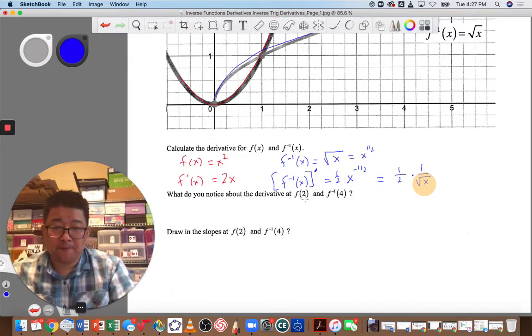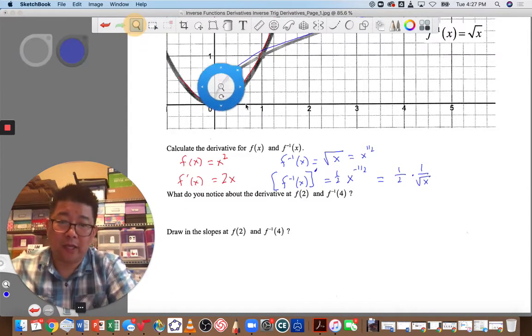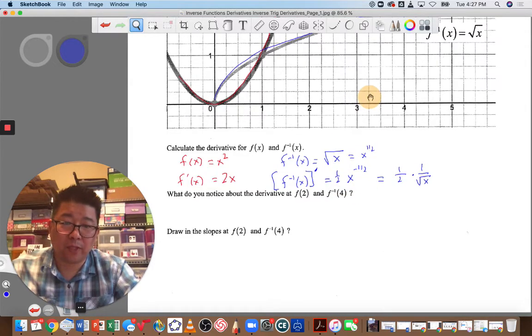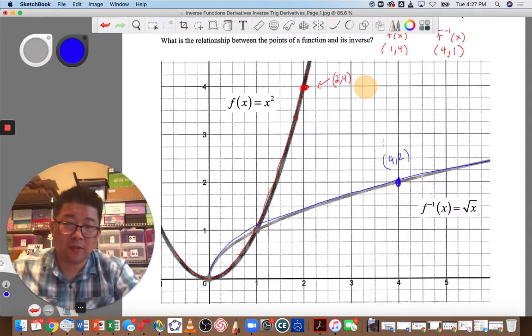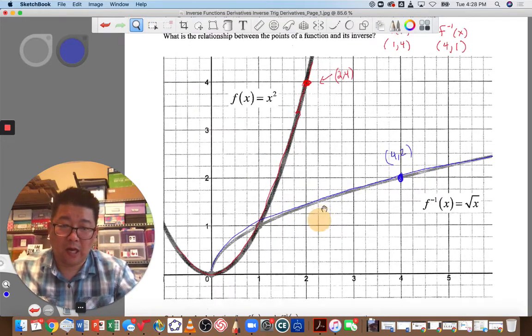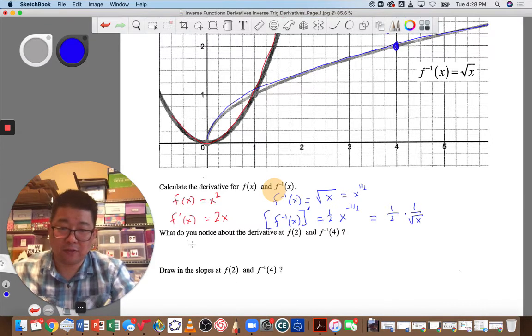Okay, so those are my two derivatives. All right, so we know that f at 2 and f inverse at 4 are related points. So if we go back here, we know that these two points are related. Okay, they're connected. Now, we want to see how their slopes are related. We have the slope formulas for each of the functions, so now we're going to plug them in.